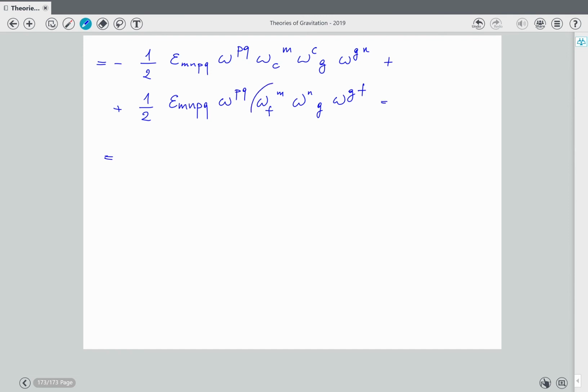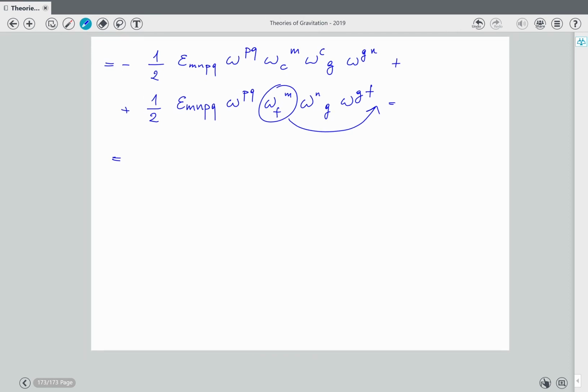Now let's check this one. Let's move the form, that form, to the right. It's a commutation between one form and two one forms, so we do not get any minus sign. It's just to order the indices, because here you see you have NG, GF, FM.